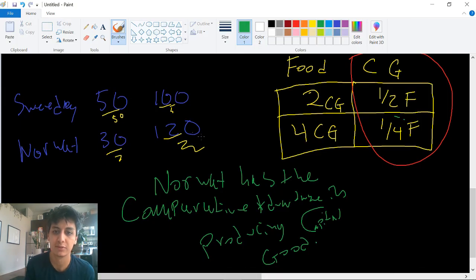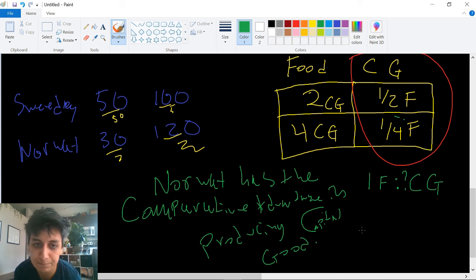So 1 unit of food for how many capital goods? Question mark. And we know the problem, it's kind of a two-step problem because it's asking we want to trade 10 units of food. How many capital goods will be traded for 10?